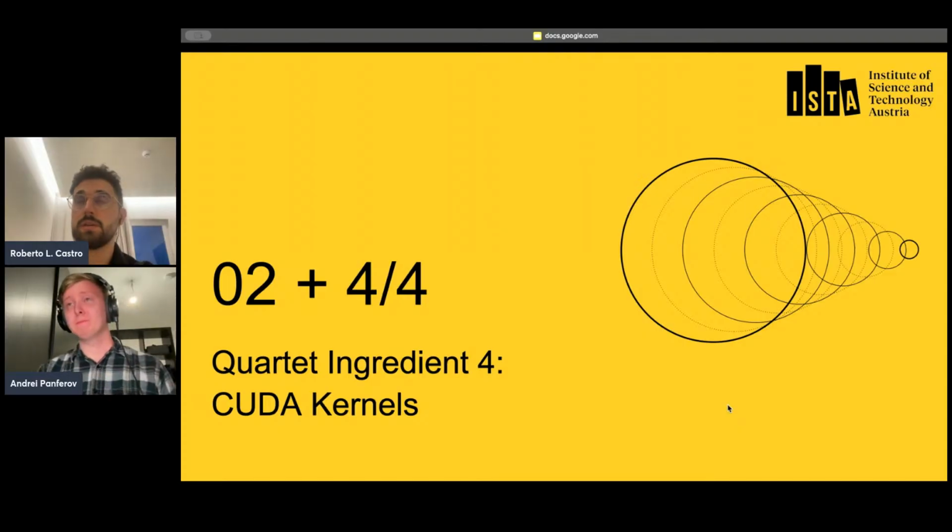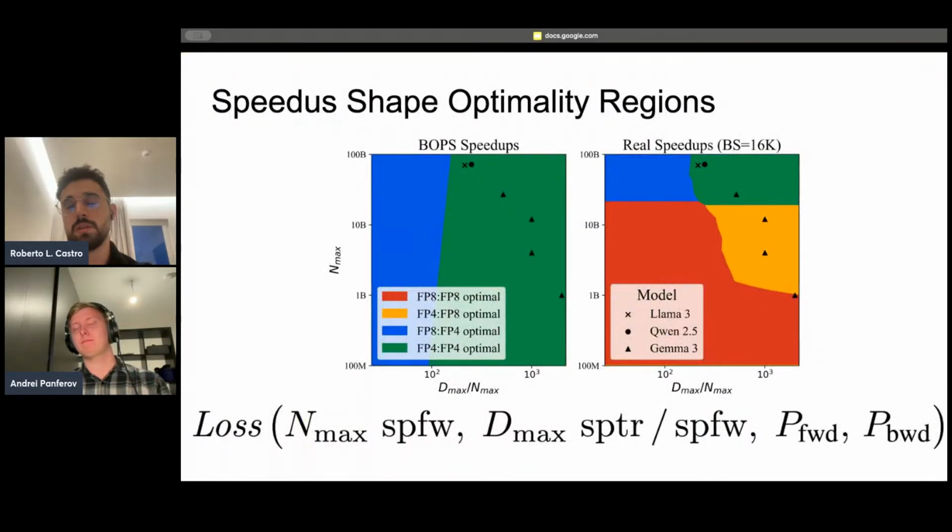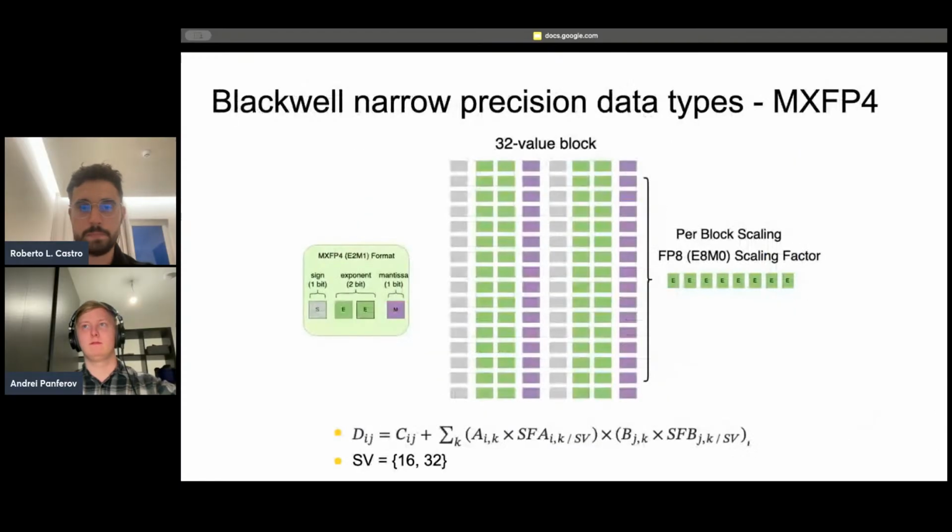We have invested a lot of time and we continue to invest a lot of time here because, as Andrei mentioned, the real speedups of our kernels are going to shape the optimality regions of our method. So the better the speedups, the larger this optimal region is going to be, and the more models are going to fall in this optimality region. That's the reason why we continue working on them to optimize them further.